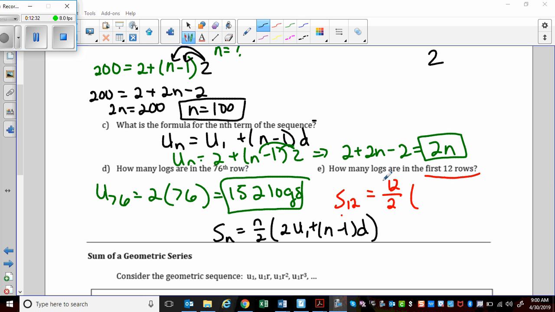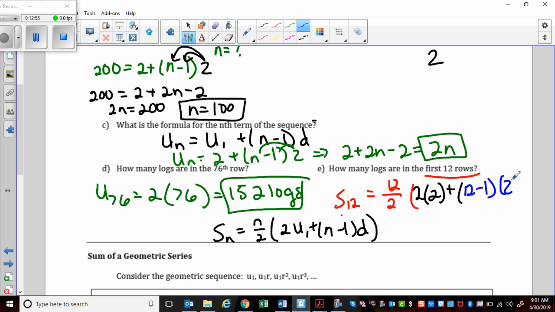So we have n over 2 times 2 times my initial term. I know my initial term is 2 logs on the top row, plus n minus 1, so 12 minus 1, and then times my difference I know is 2 from up here.